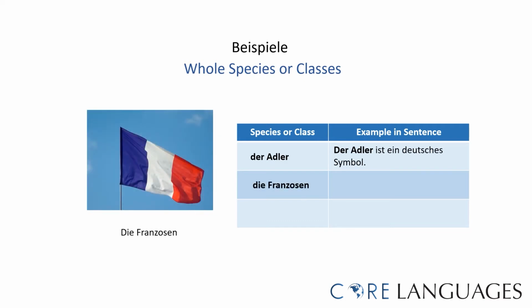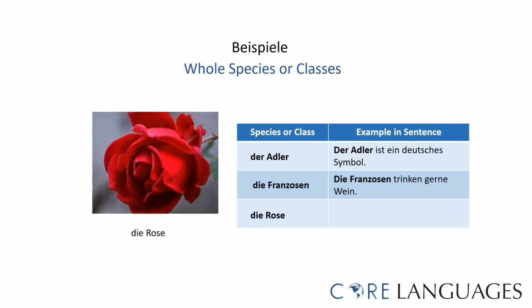Die Franzosen, the French. Die Franzosen trinken gerne Wein. The French like to drink wine. Die Rose, the rose. Die Rose ist ein Symbol der Liebe. The rose is a symbol of love.